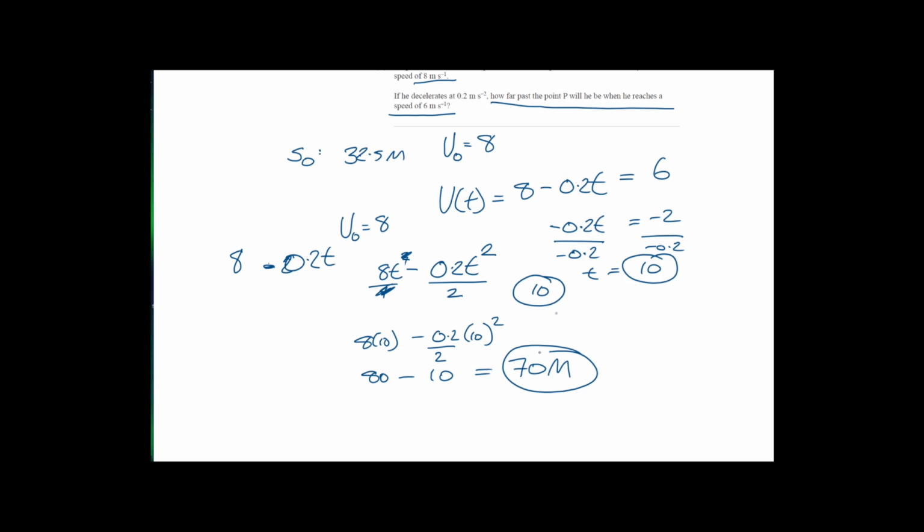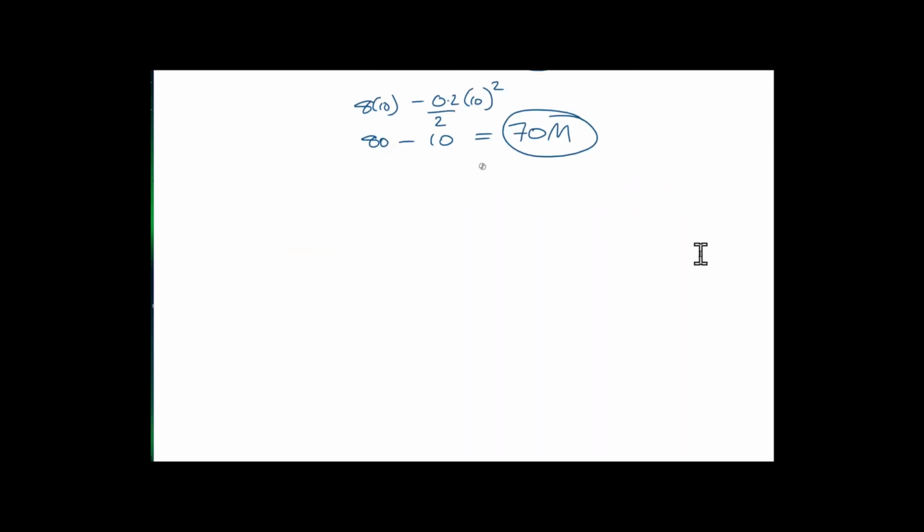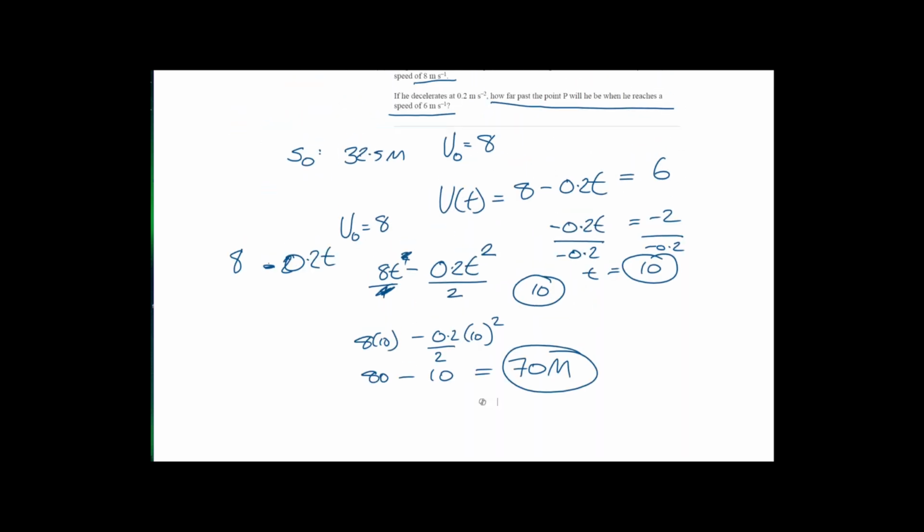When I first saw that, I thought, that can't be right, it must be less than that. But I just checked, I cheated, and that is actually true. So he goes for another 70 meters. Even though he's slowing down, he's still moving forward. He's moving quite quick, 8 meters per second on a moped. That's pretty quick, a bit quick for me anyway.